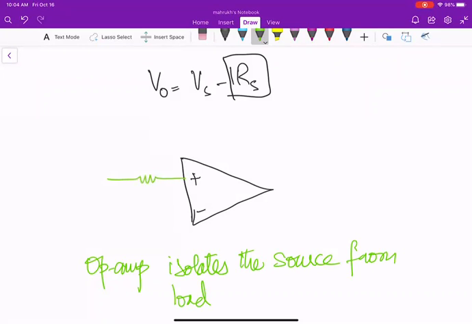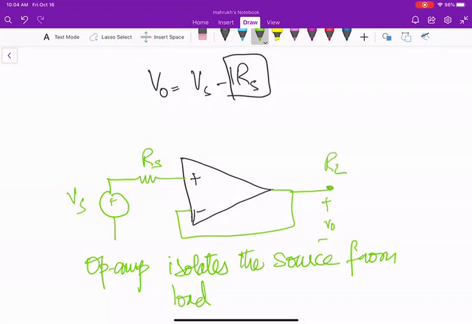So that's why we are saying that this unity gain amplifier produces a constant output voltage for the RL. Does this make sense?